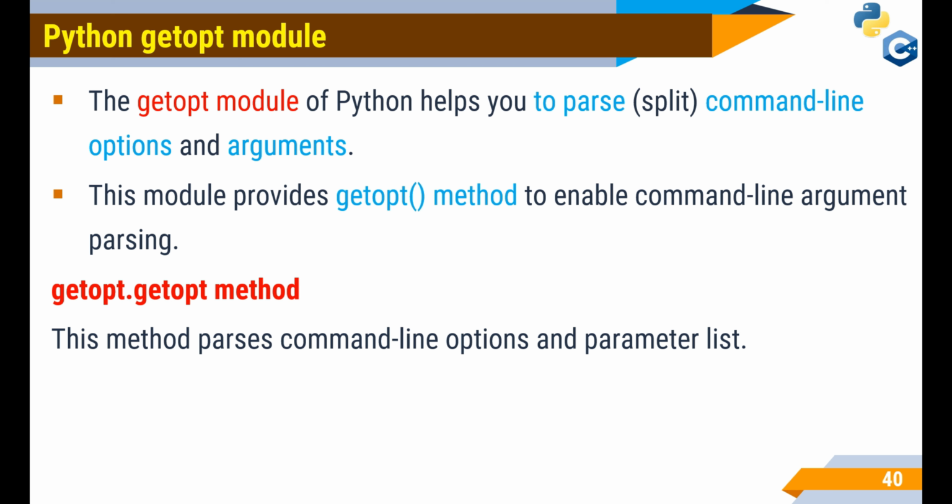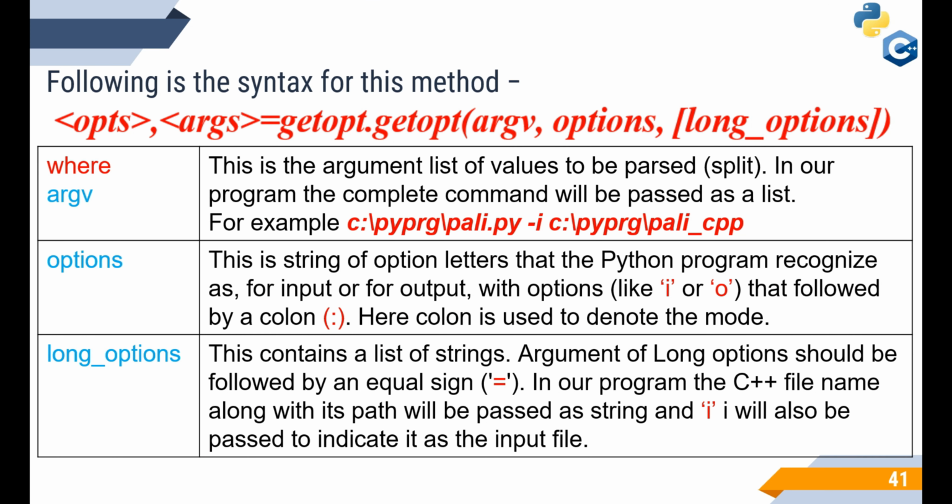This module provides the getopt method to enable command line argument parsing. The getopt method parses the command line options and parameter list. Now the following is the syntax for this method.